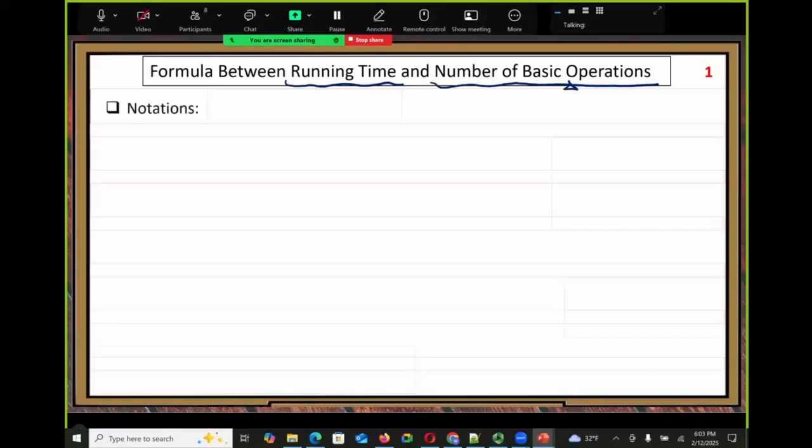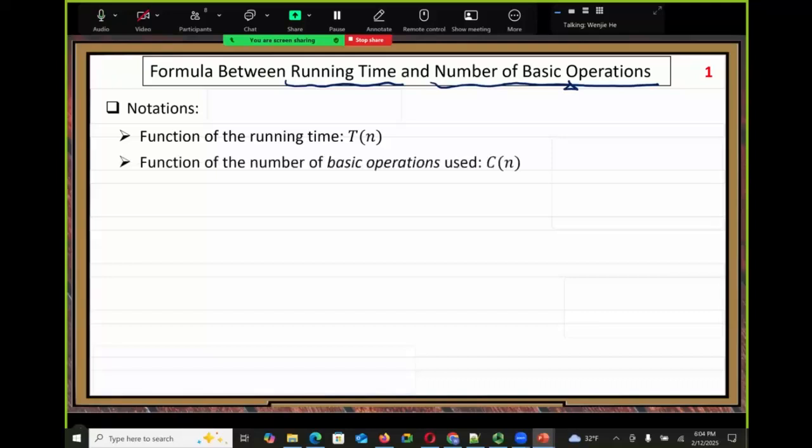Notations. We assume the running time function is capital T of n. You can clock it to see the value of this function. And the function of the number of basic operations.